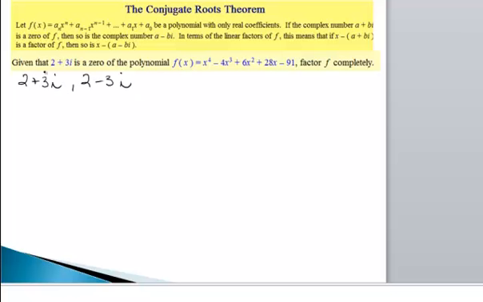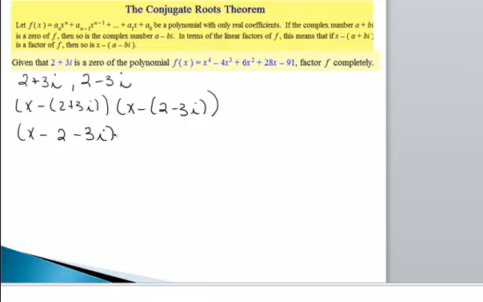This is the conjugate of this one. So remember, whenever you write out the factors, it's x minus each of those. So that would be x minus 2 minus 3i and x minus 2 plus 3i.